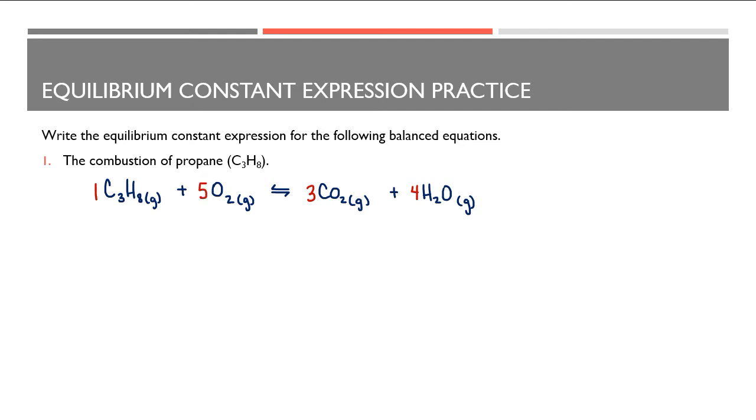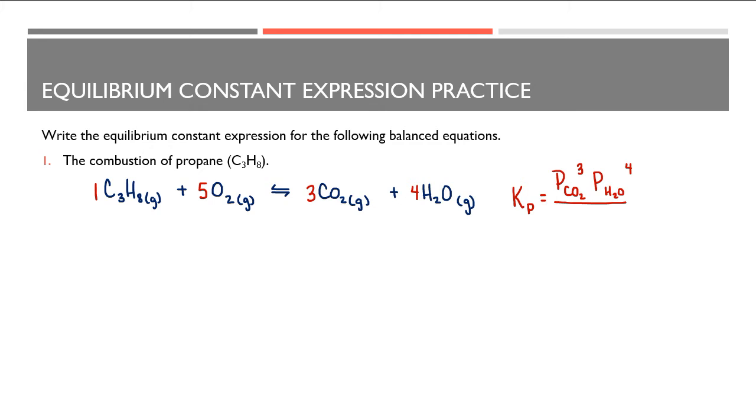If we balance this, we get 1 mole of propane for every 5 moles of oxygen, and that creates 3 moles of carbon dioxide and 4 moles of water. If we're writing the equilibrium constant expression for this, we're going to include the partial pressure of the carbon dioxide as the numerator, and we're going to raise that to the 3rd power because that's the coefficient on the carbon dioxide.